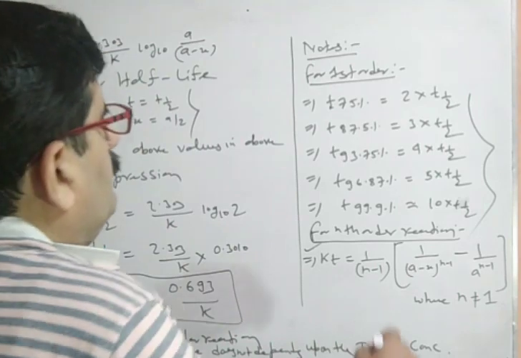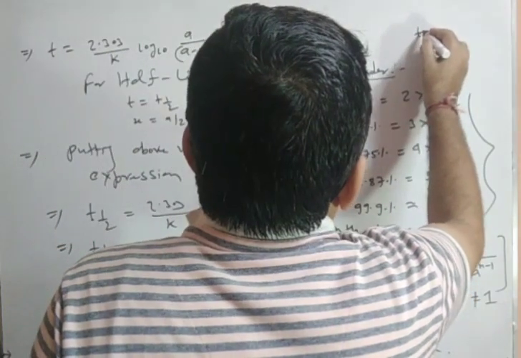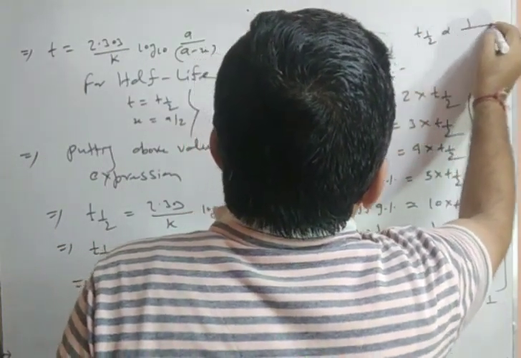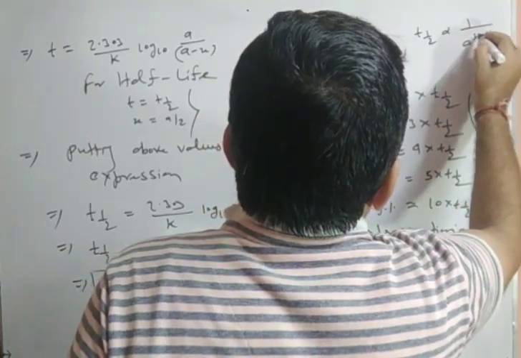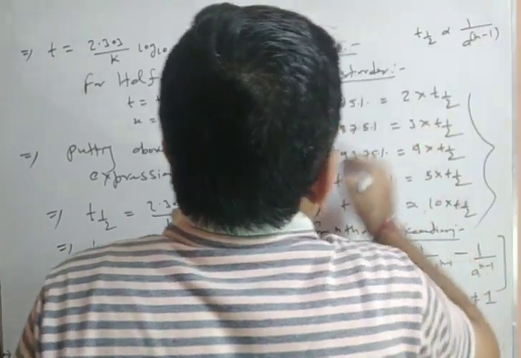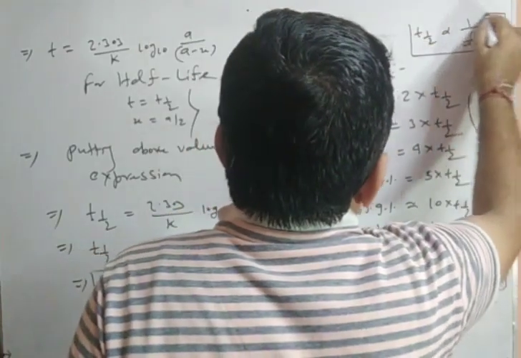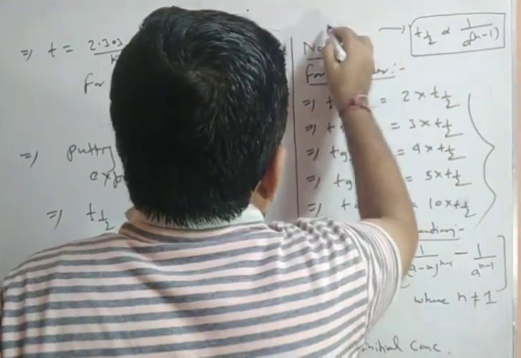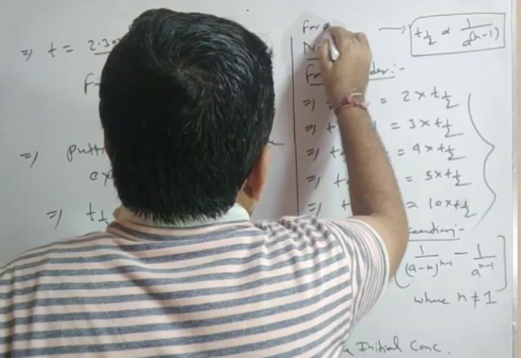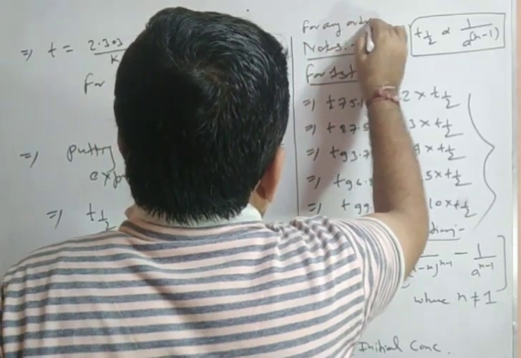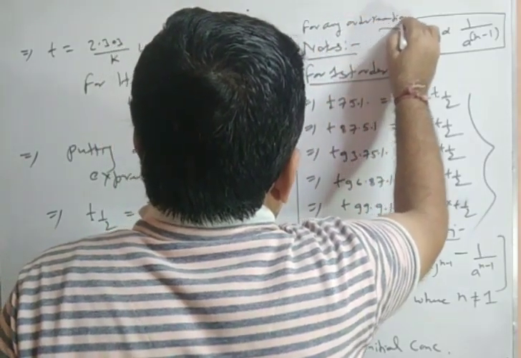Always remember, t half is inversely proportional to a to power n minus 1 for any order reaction.